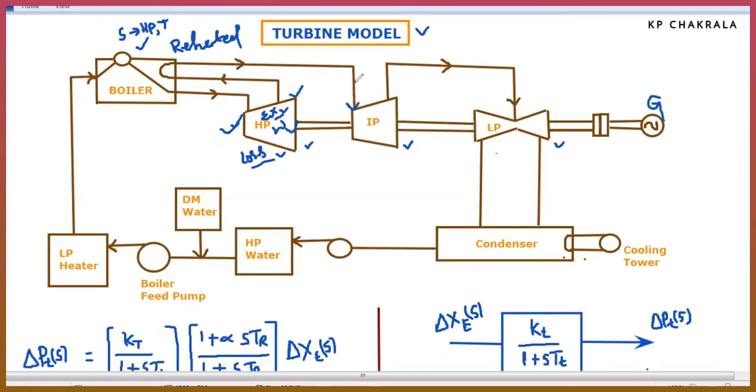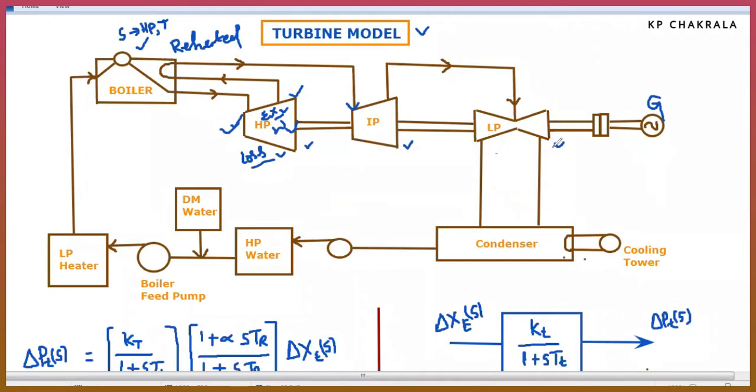Through the pipes it enters the intermediate pressure turbine and does some work on the IP turbine. The output of the IP turbine is connected to the LP, and the same steam with some temperature and pressure enters the low pressure turbine, where it does work.